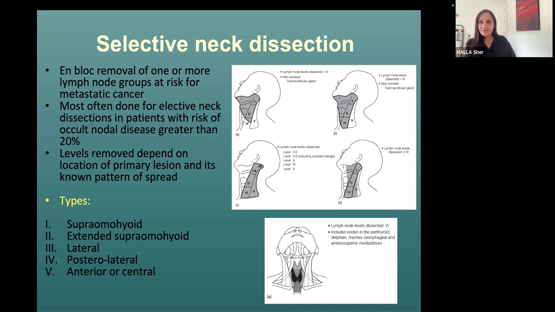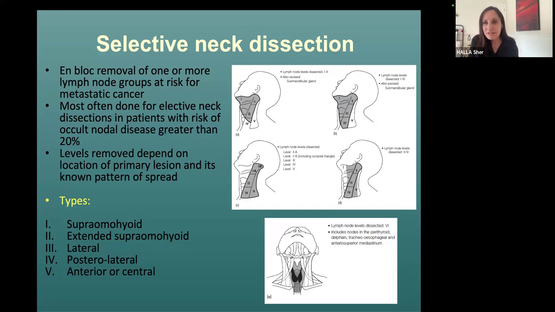But for those patients who undergo these elective selective neck dissections, based on the primary site and stage of their primary tumor, if they have a risk of 20% or greater of having occult nodal disease, then we routinely do a selective neck dissection.